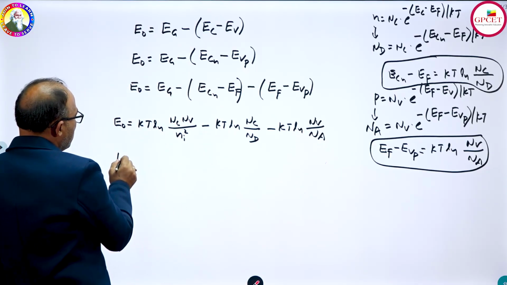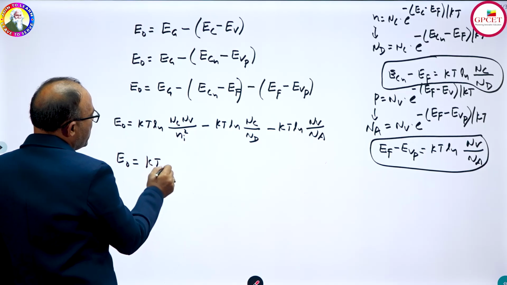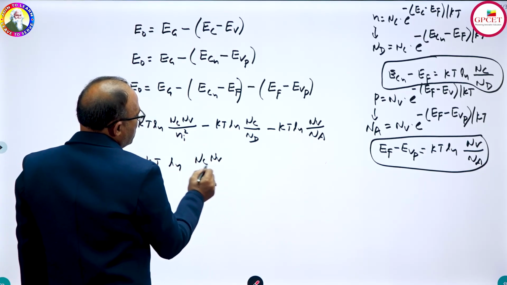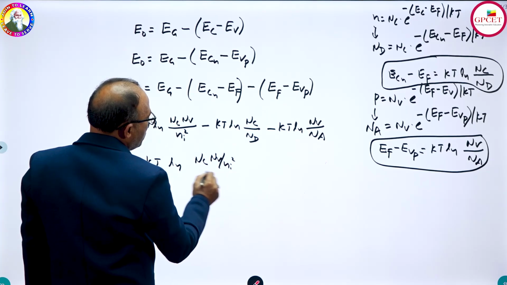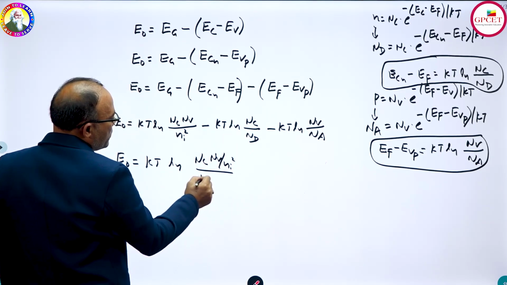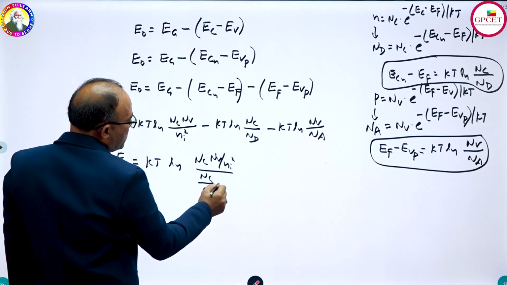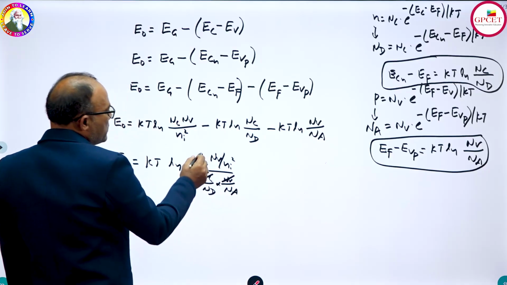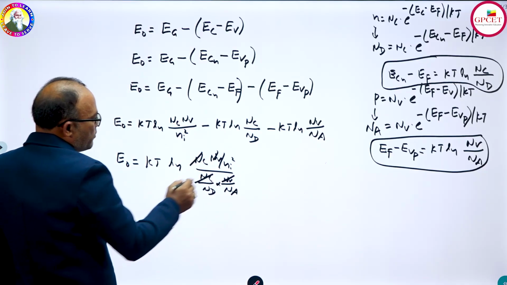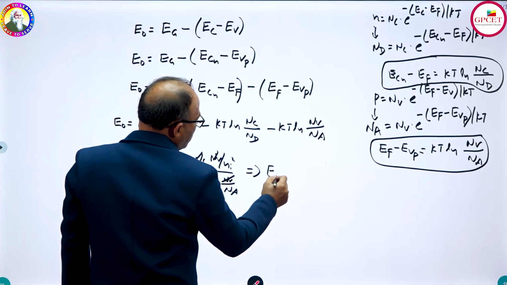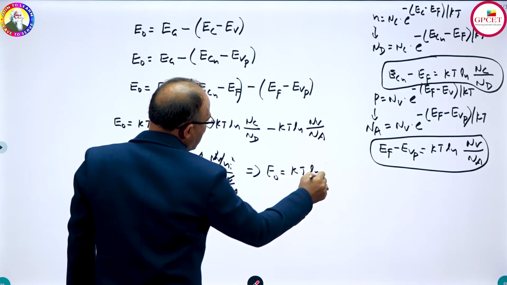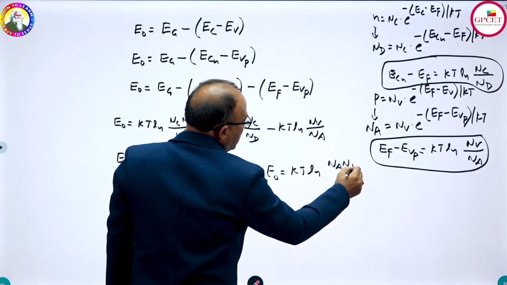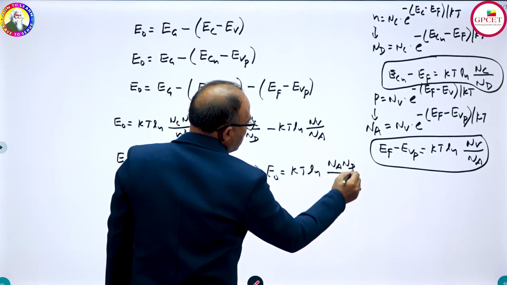Therefore I got E naught is equal to kT ln (Nc Nv divided by ni squared) whole divided by, since it is minus, Nc by Nd into Nv by Na. So Nv and Nc get cancelled. The remaining equation is E naught is equal to kT ln (Na Nd divided by ni squared).